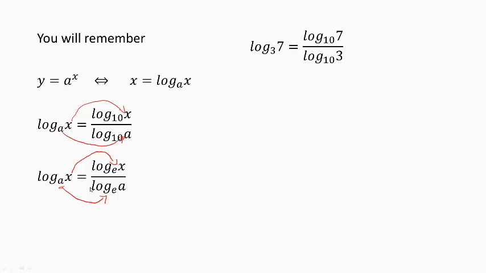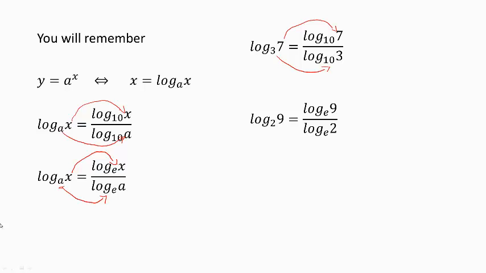Let's have a look. Here's an example. If we had log to the base 3 of 7, the 7 goes to the top of the fraction, the 3 goes to the bottom of the fraction. As long as the bases are the same, base 10 in both cases, then these two are equivalent to each other.